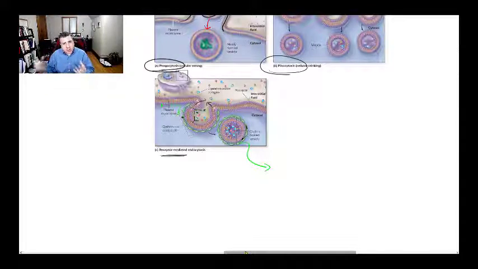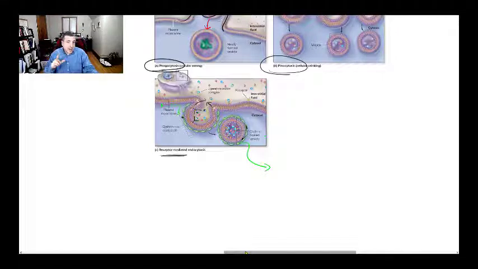Pinocytosis is cellular drinking, so it's bringing in liquids with it. And then the receptor mediated, basically you've got receptors on the extracellular surface of the membrane. Something binds with that. Those receptors then move around the cell membrane. They're not fixed, they're moving around. And they accumulate, and the clathrins on the intracellular side form this vesicle, and it pinches off, and then it pulls it in. That's as far as I want to go on that.